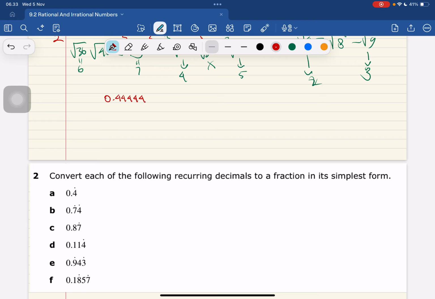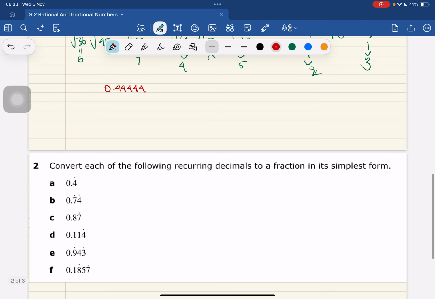You can see the dot on the number, that means it is a repeating number. So A is 0.4444. Next, for B, it will be 0.7474, and then 7474.